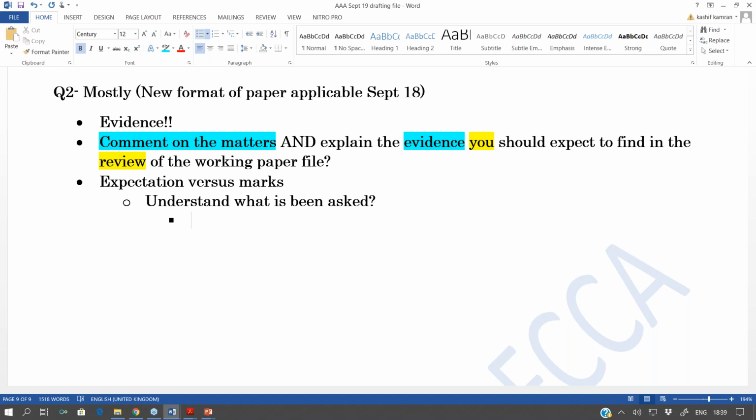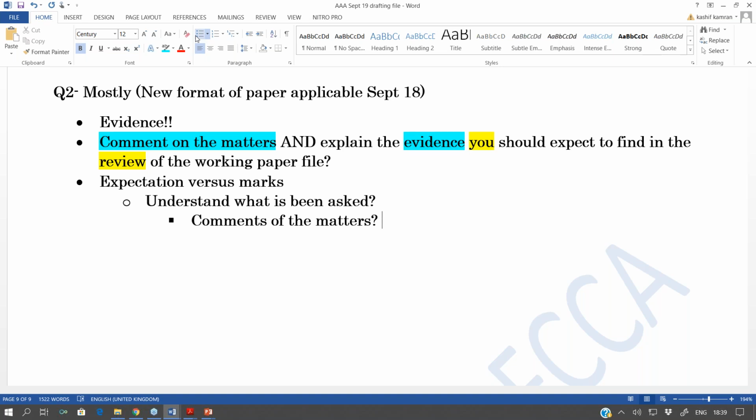So the first thing is comment on the matters. What exactly does the examiner mean by comment on the matter?